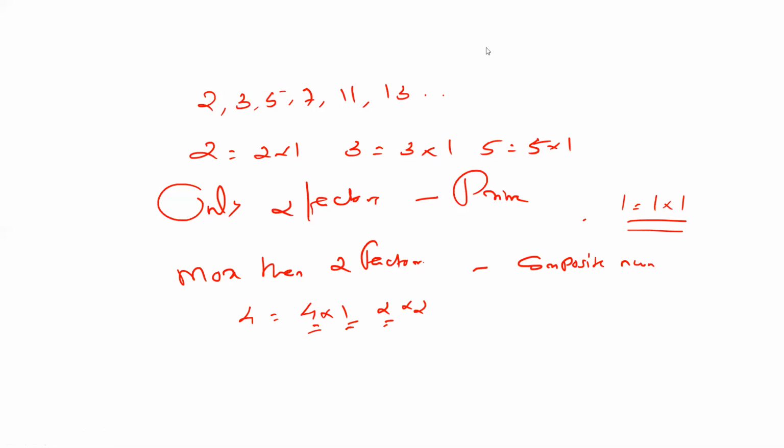Now we will discuss rational numbers further. Rational number is actually a fraction form: 2 by 3, 3 by 6, 1 by 7, minus 2 by 5. All these are rational numbers. Rational number means a numerator by denominator form, provided denominator should not be 0.